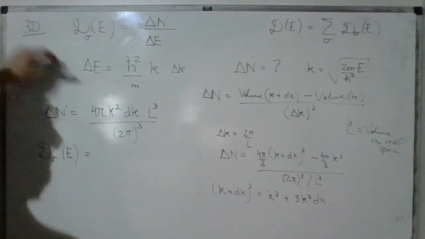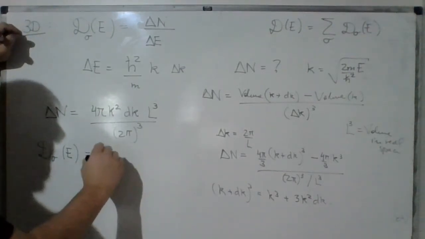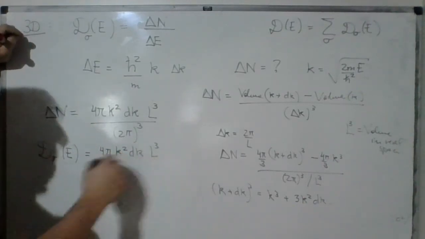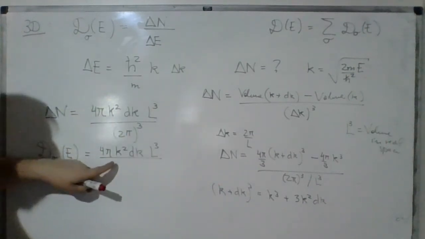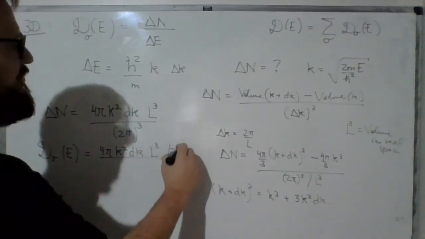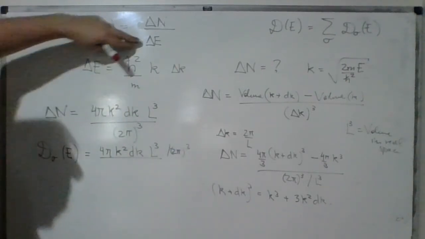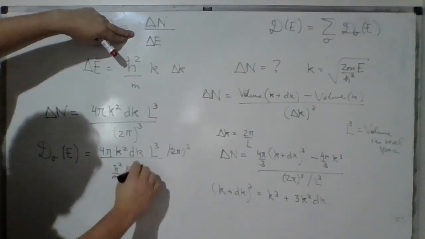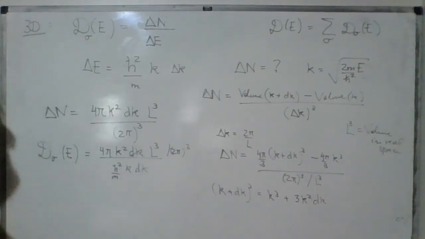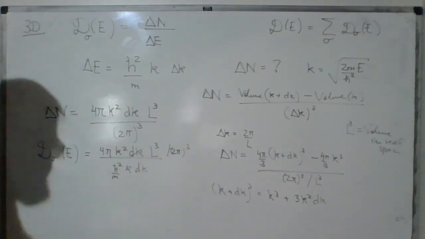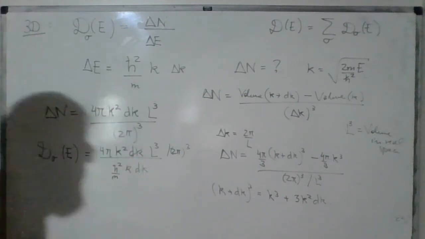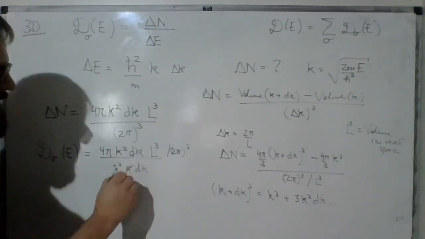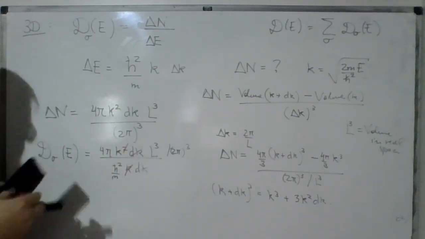Okay, so you have 4 pi k squared dk times L cubed, which is the volume in the real space, divided by a factor of (2 pi) cubed, and the delta of energy corresponds to h bar squared divided by the mass times k dk. Notice that one factor of dk can be cancelled out, and in this case a factor of k can also be eliminated here, and we have the following.